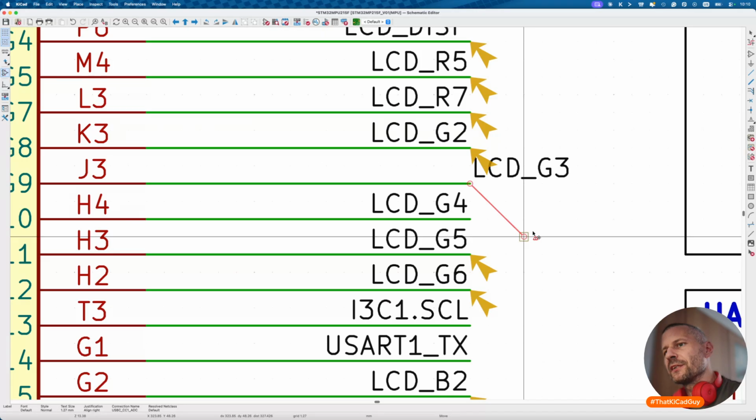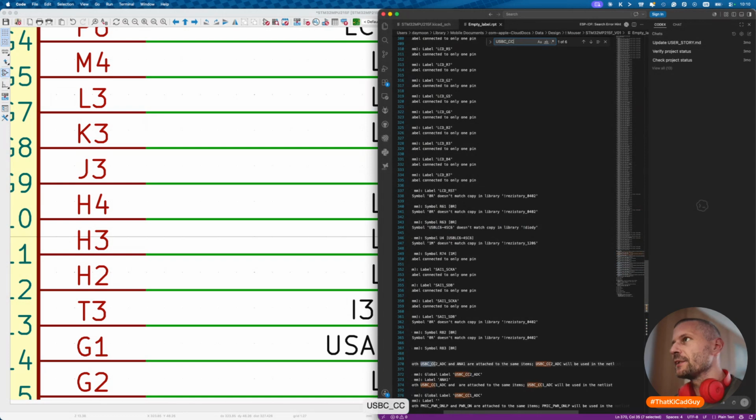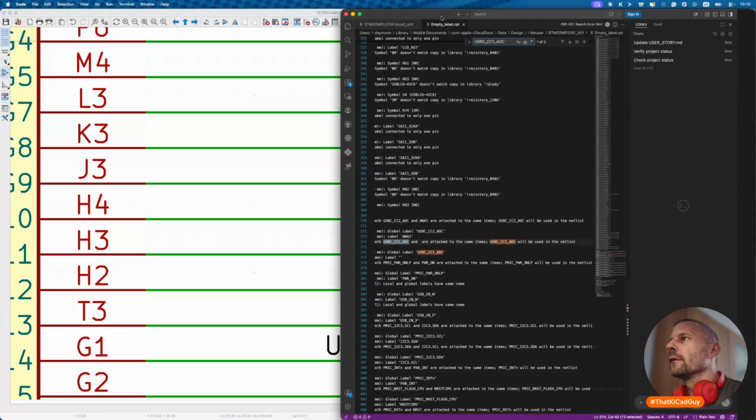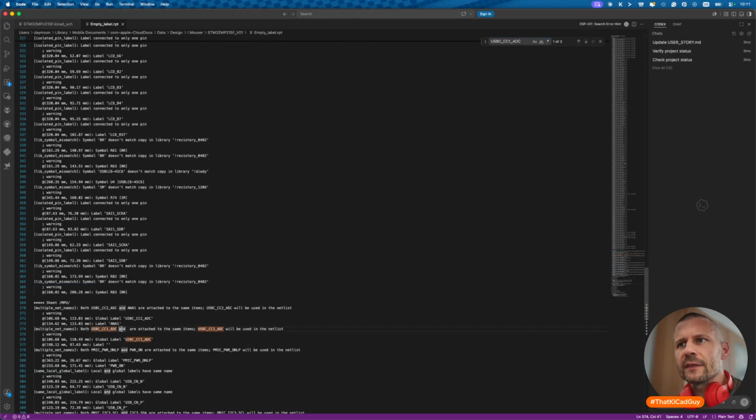Connection name is USB CC1. So let's check the ERC again. Fine. USB C CC1 ADC. This is the symbol that, yeah, that's the empty label occurrence. And this R and R is the same. But I think, yeah, only one.